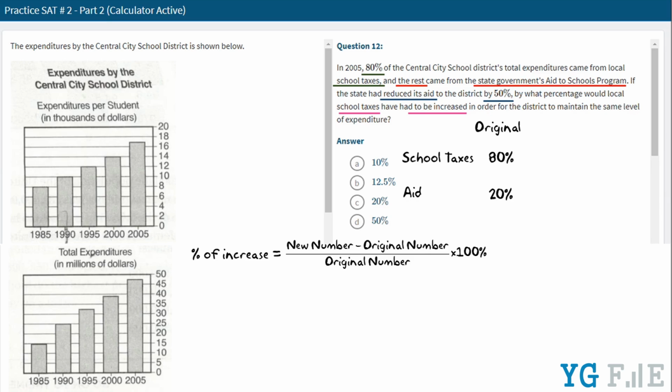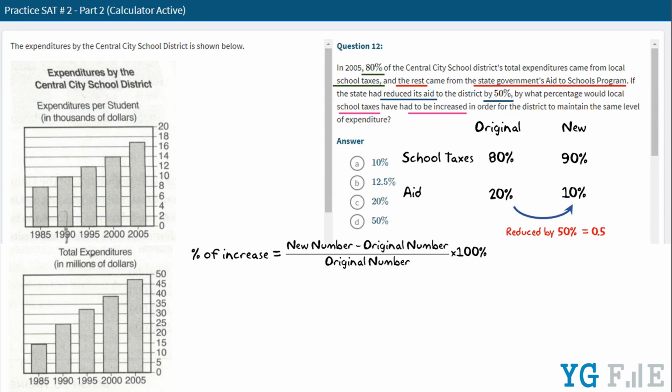The state reduced the aid program to the district by 50%. Reducing by 50% means reducing it by a half. So if previously they had 20% for the aid program, then a half of 20 is 10%. Since now 10% is from the government's aid, the school taxes are therefore 90%.